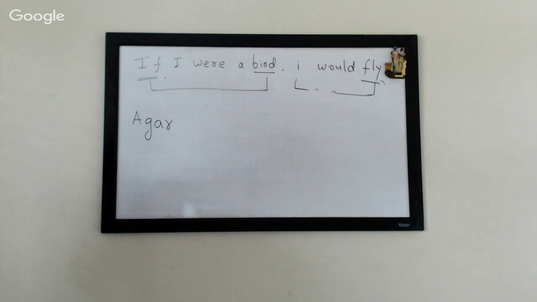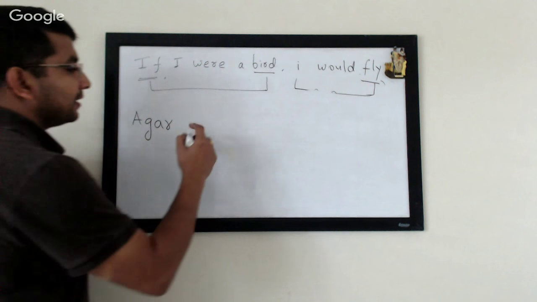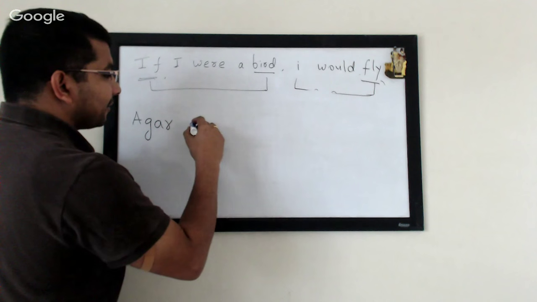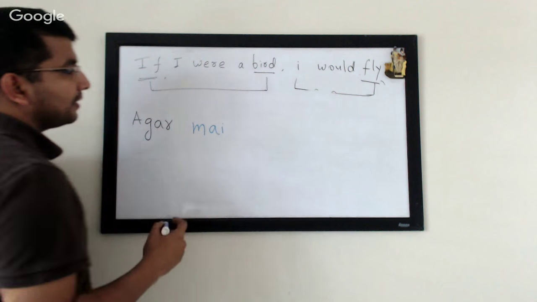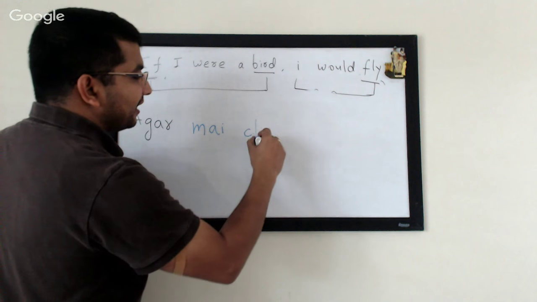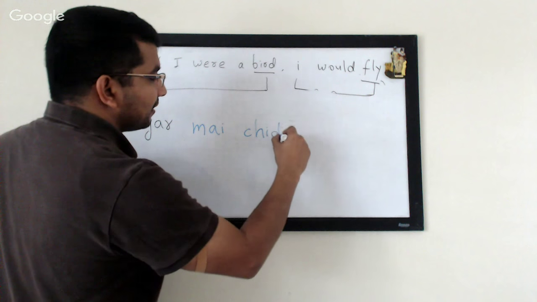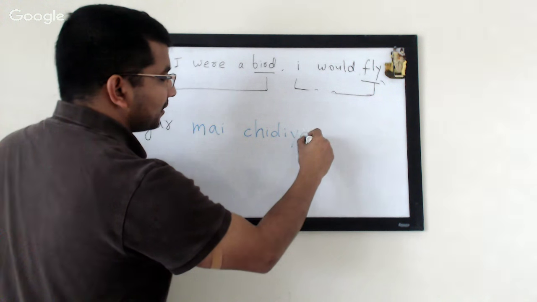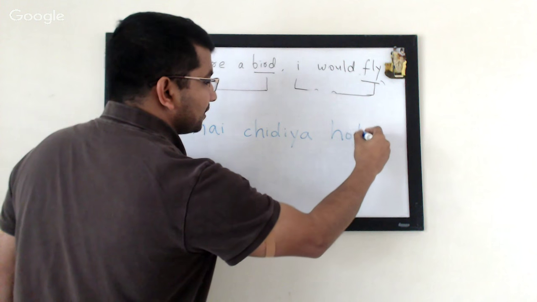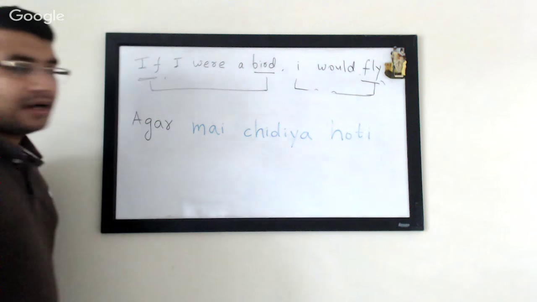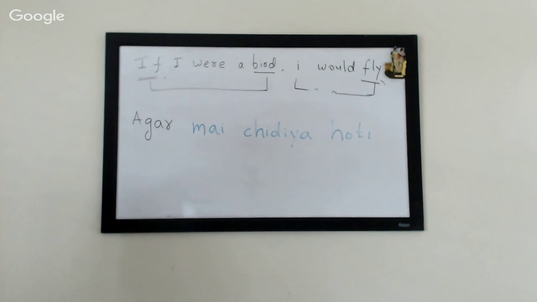Now the first sentence is: if I were a bird. You know bird is chidiya. So you will write it as अगर मैं चिड़िया होती.